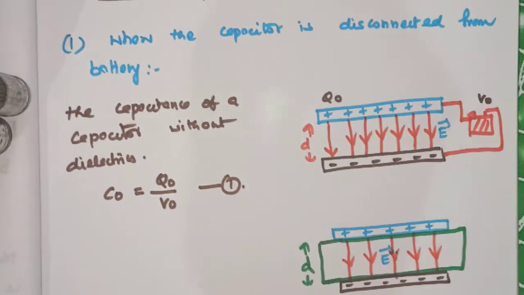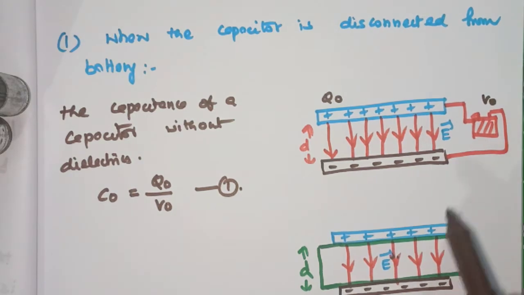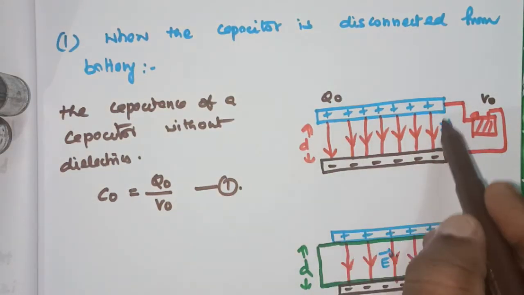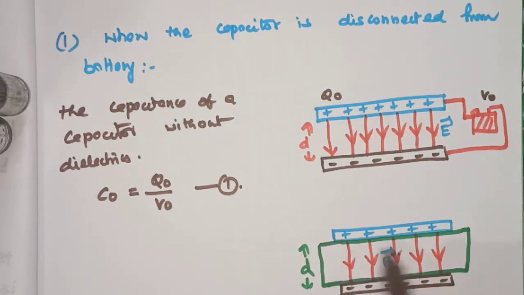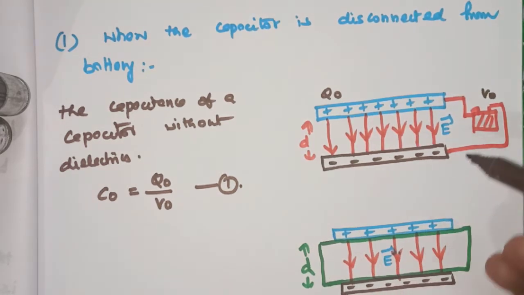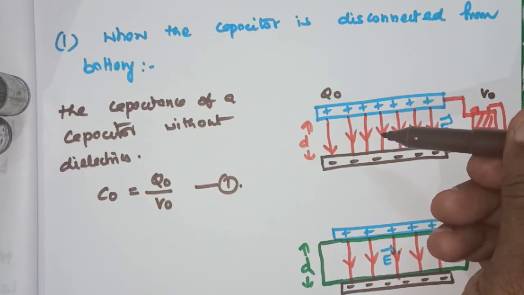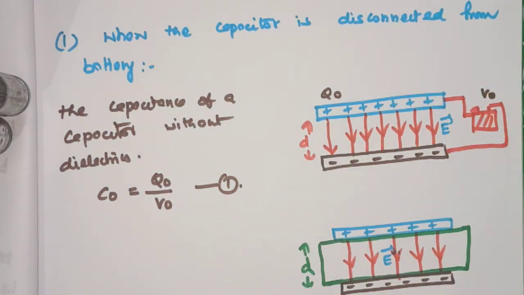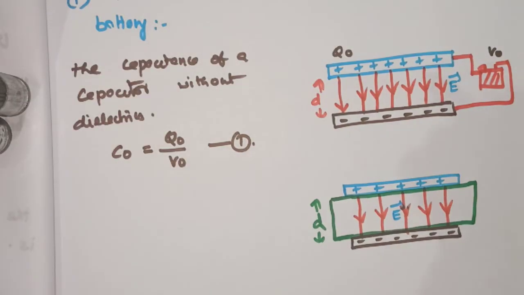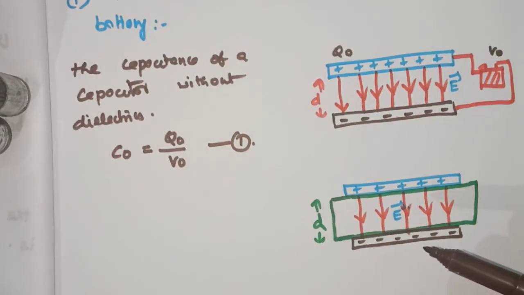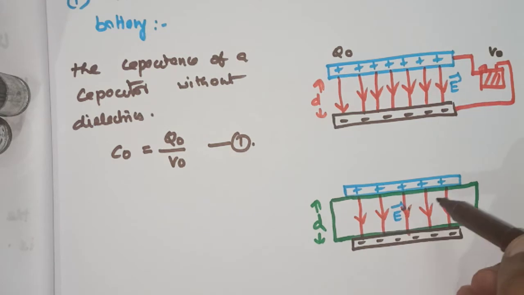Now we disconnect this battery from this capacitor and some dielectric material is inserted in between these two plates. Okay, now we insert the dielectrics between these plates.